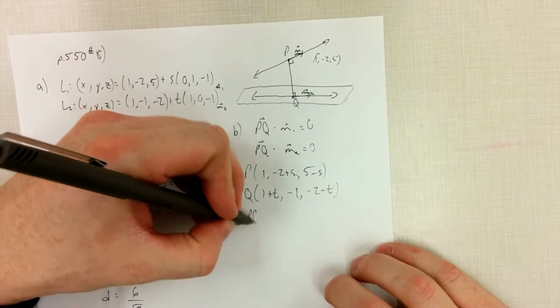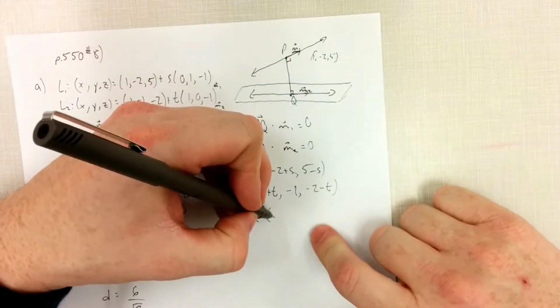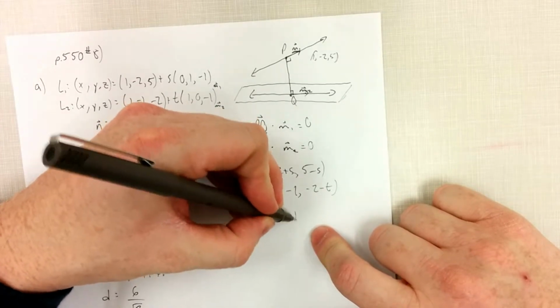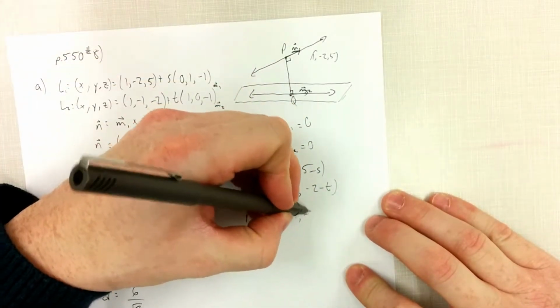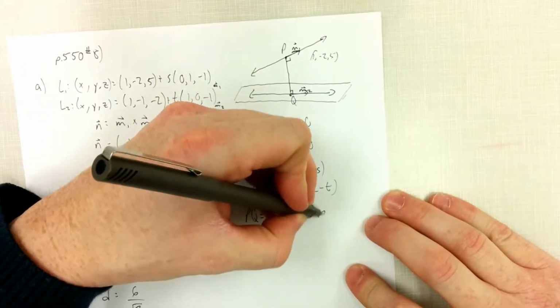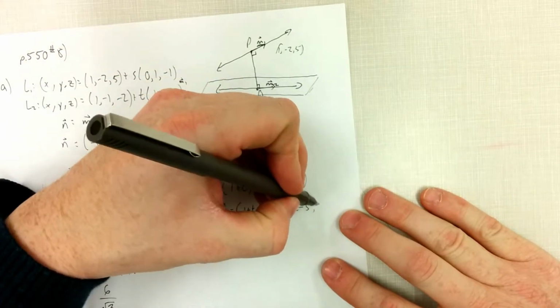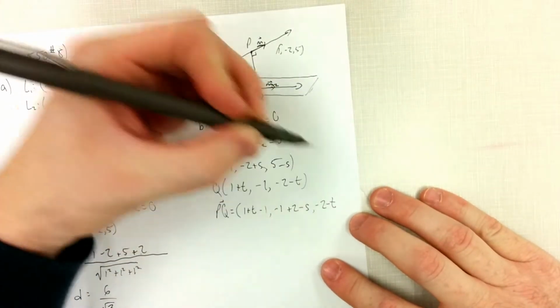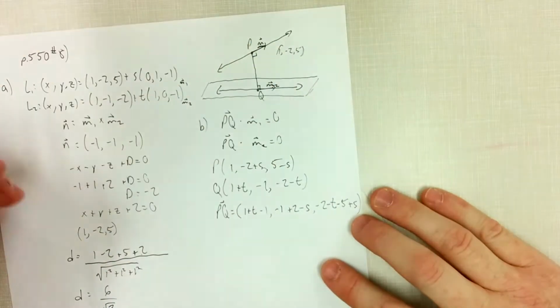So that makes vector PQ: 1 plus t minus 1, and minus 1 plus 2 minus s, and minus 2 minus t minus 5 plus s.